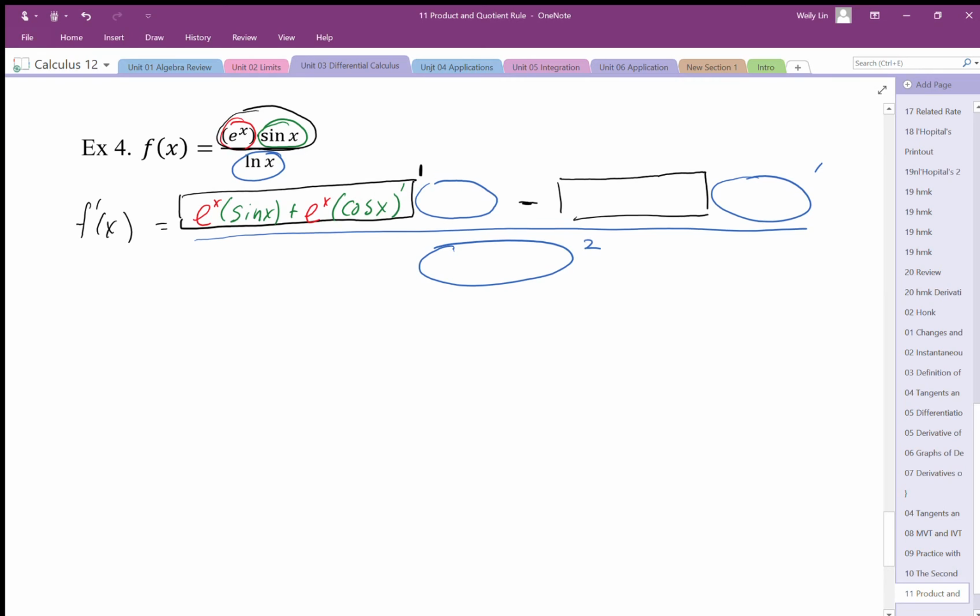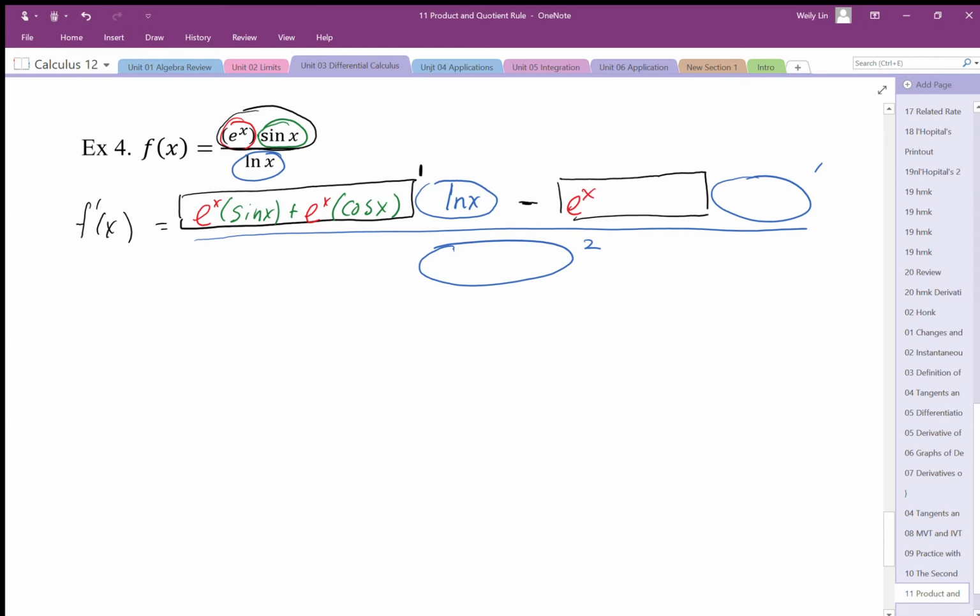So this is my cos x differentiated. I'm just going to erase that because that's my derivative already done. That represents the derivative of the numerator. Then I'm going to multiply this by the log x; nothing's going to happen to it because it's not differentiated.